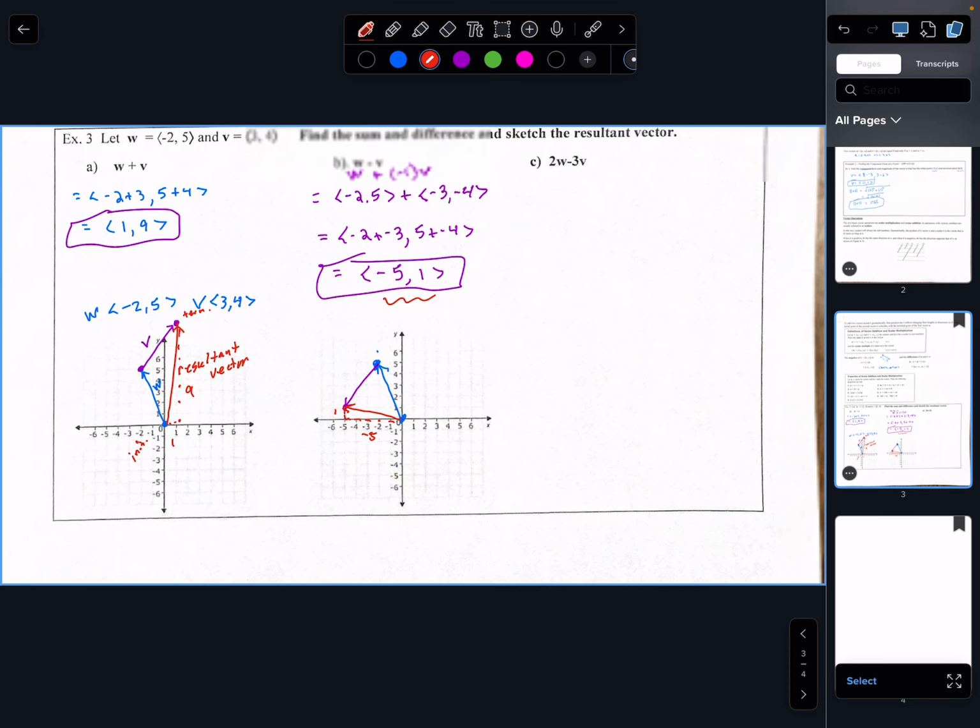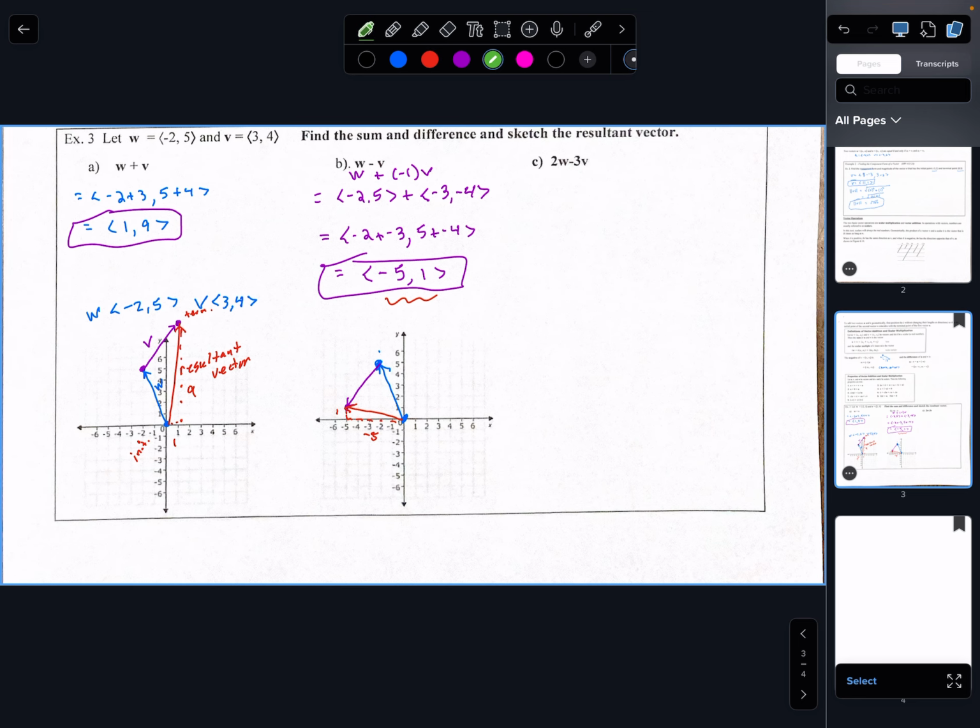And so then the last one, I'm not going to bother drawing it. It's not necessary. We're going to have 2 times vector W. And since it's a -3, I'm going to think of it as adding a -3 times vector V. And so I get -4, 10 plus -9, -12.